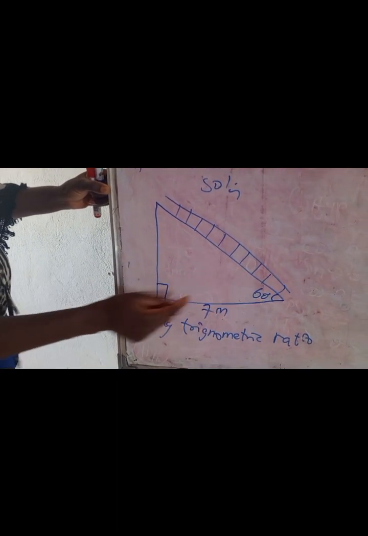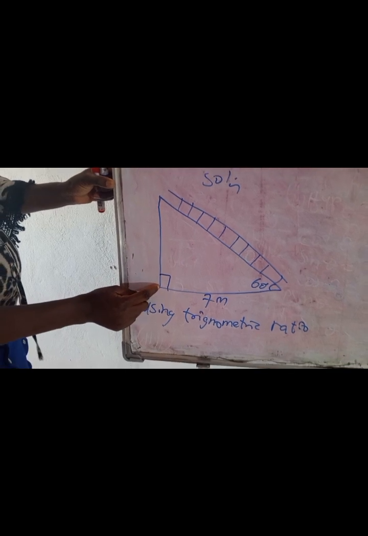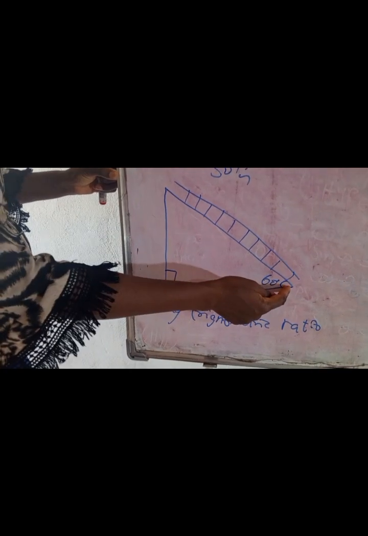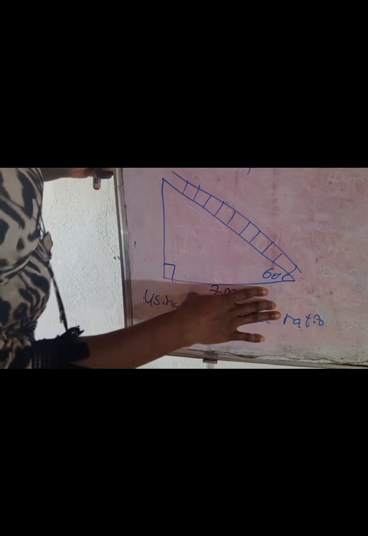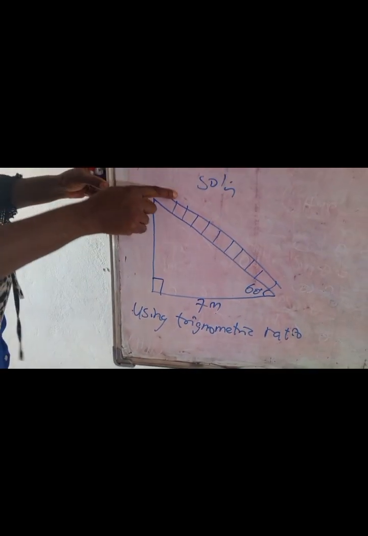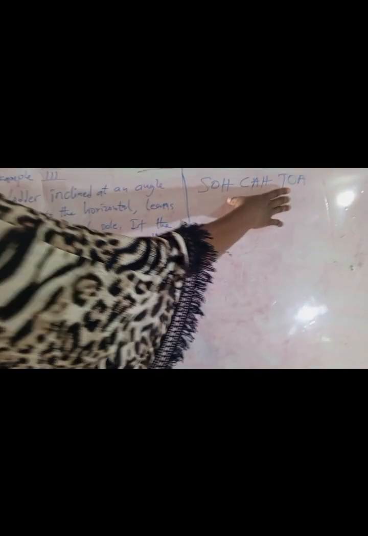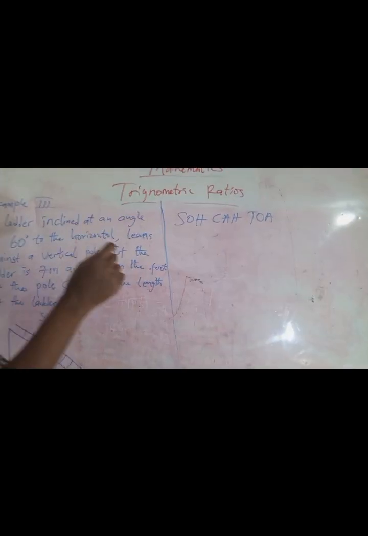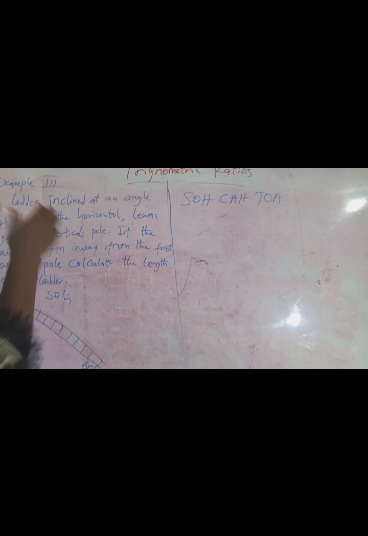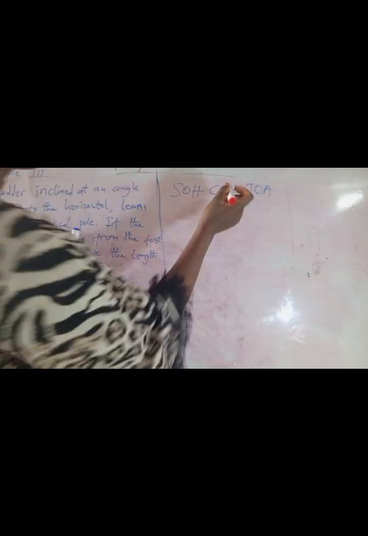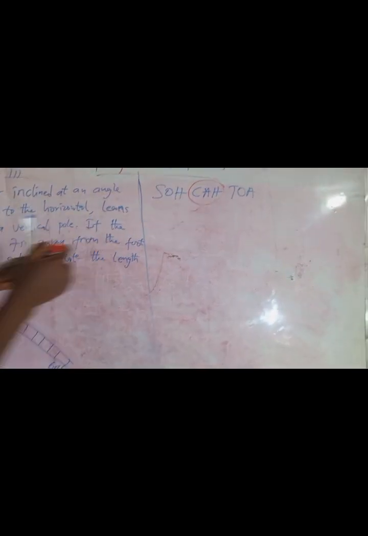This is adjacent, the line connecting the 90 degree angle and the given angle. So they gave us adjacent and we're looking for hypotenuse. If you come to SOHCAHTOA, you find out that the acronym that has adjacent and hypotenuse is CA, which is cosine.